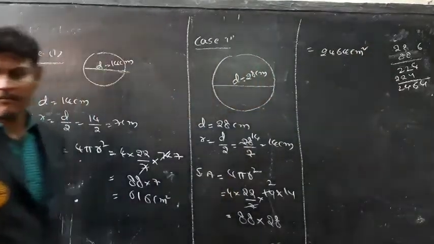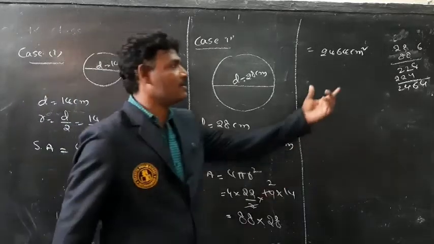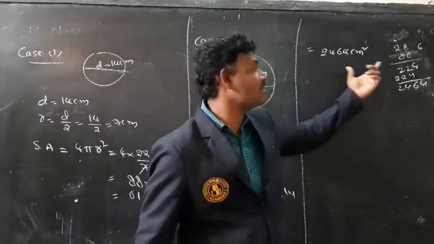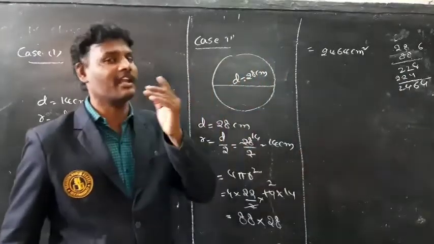So it is 2464 centimeters square. So what is the surface area in second case? 2464. So surface area of the balloon in second case is 2464 centimeters square. Now I need the ratio.